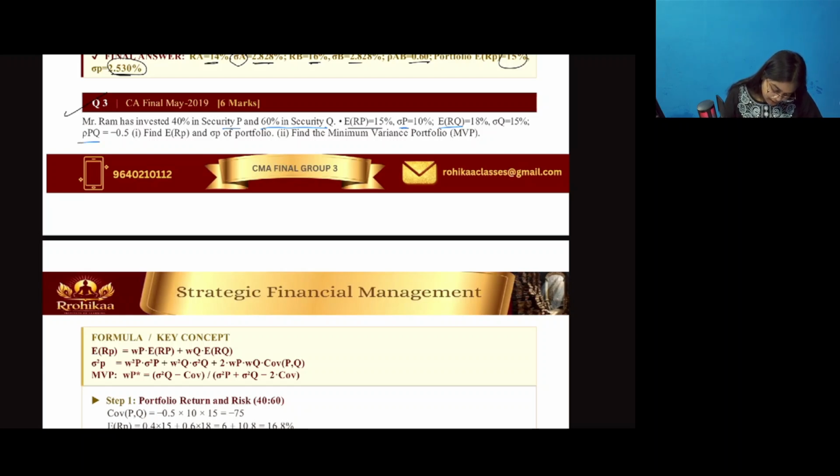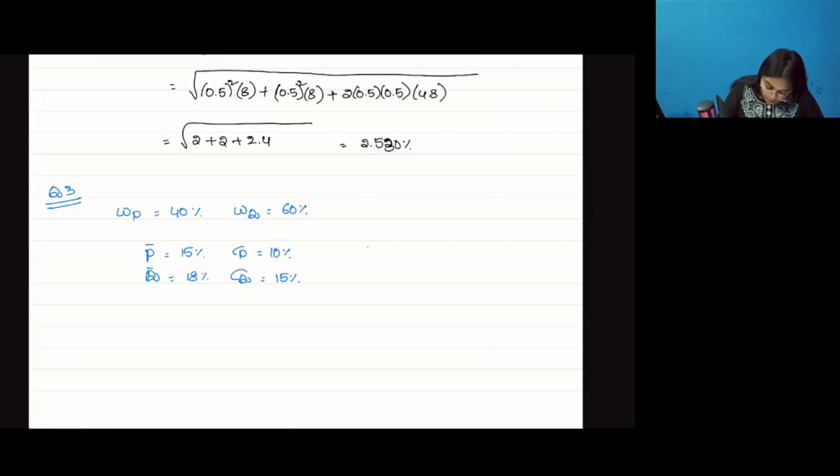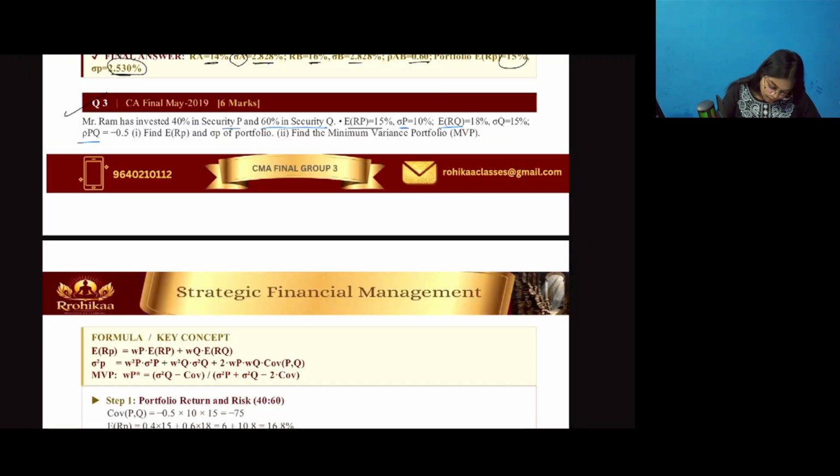Correlation coefficient, that is sigma pq, equals minus 0.5. Find return of portfolio and risk of portfolio. Find the minimum variance portfolio.